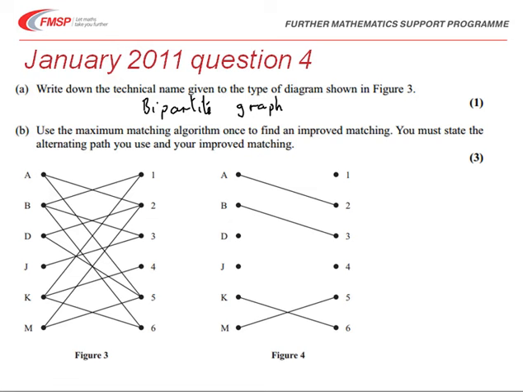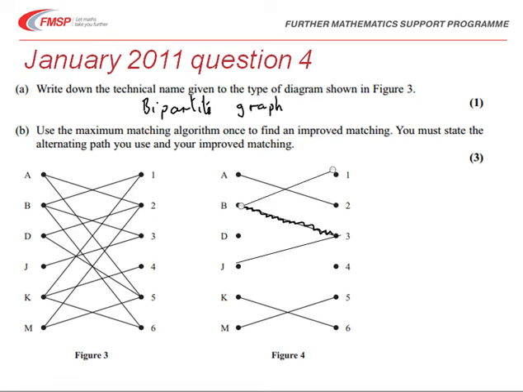we can see if we start at J, we can go to 3. So let's mark that in on our diagram as we go. From J, we can go to 3. But that would mean that we can't have B doing 3, but B, looking at our diagram, could do 1.